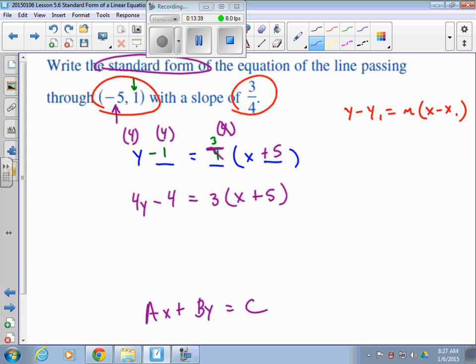Distribute the 3 and move over whatever you have to move over to make it say ax plus by equals c. 3 times x is 3x. 3 times 5 is plus 15. So we have 4y minus 4 equals 3x plus 15.